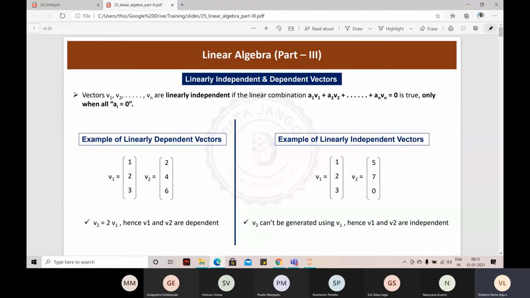So linear independence and linear dependence. It is simple. You have two columns in your data set. One is the area in square feet, another is the area in square meters. Are they both strongly correlated?